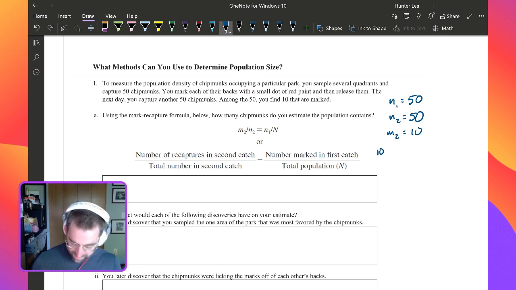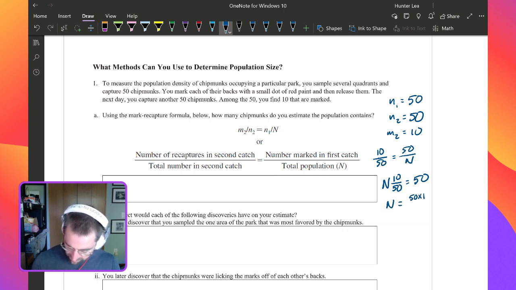Let's go ahead and write our formula. We've got 10 over 50 equals 50 over N. Now we rearrange this to solve for N. Multiply both sides by N, and then we can take the reciprocal of our fraction and move that over.